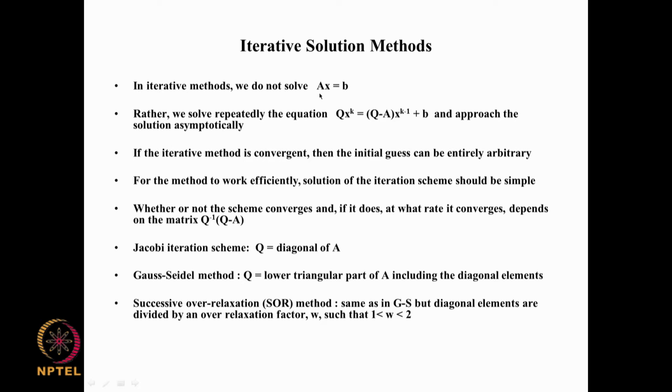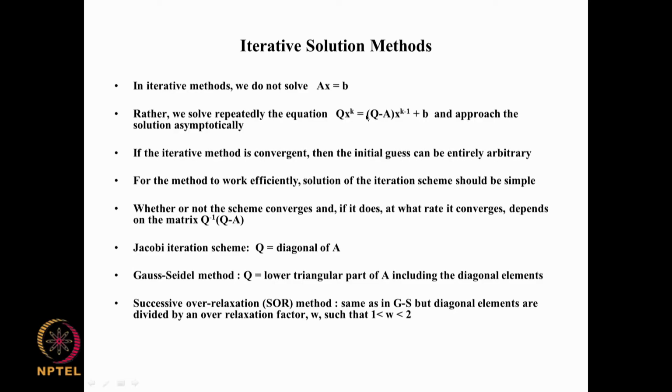Okay, instead of solving Ax equal to b, we solve it as Q xk equals (Q minus A) times xk-1 plus b, and Q is taken from A in a certain way, such that when you go through this particular recursive step, you can generate a series of improved guesses of the actual solution. And if you generate a sufficiently large number of these, then it is expected to go towards the final solution.